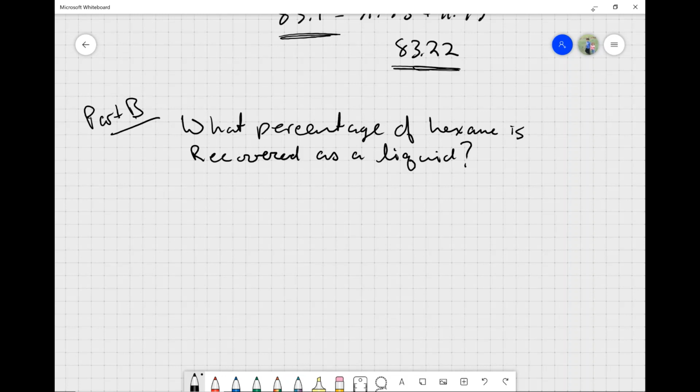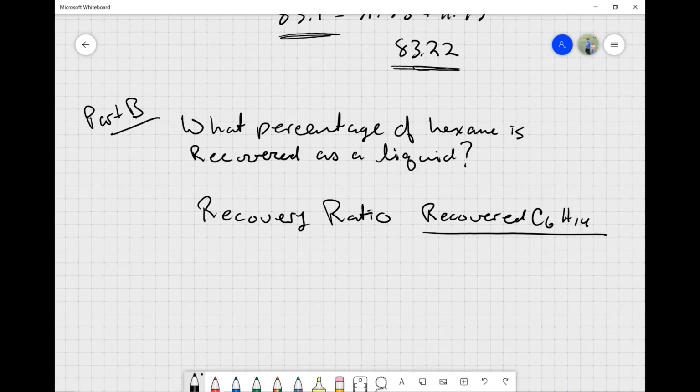So it's basically the recovery ratio that is how we're going to solve it. And so the recovered over the input.